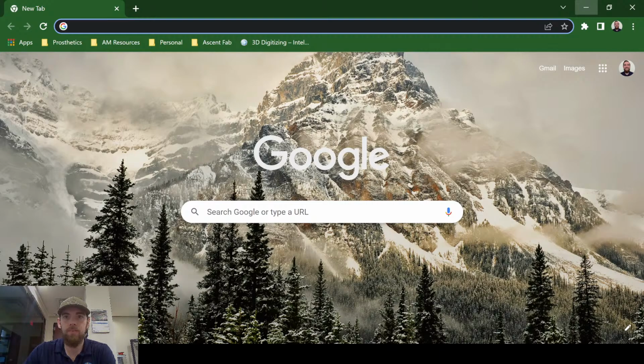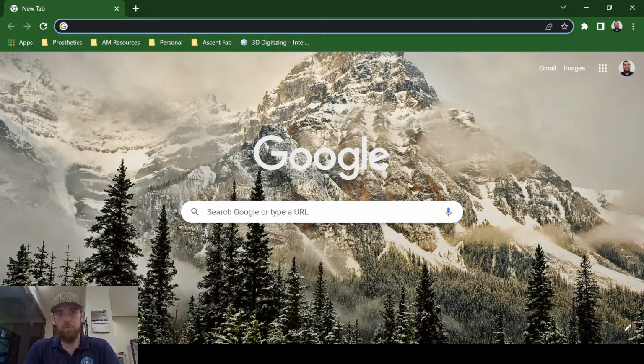Let's try this again. If I can find my cursor. Sorry for the technical difficulties. All right. So we should be seeing Google Chrome now. Let's see if we can actually get through this here.